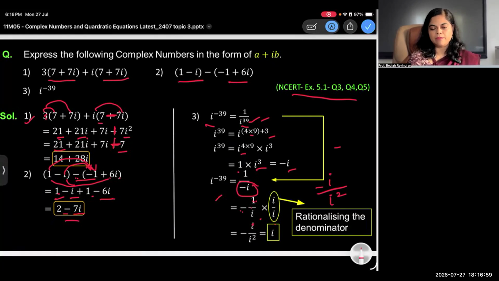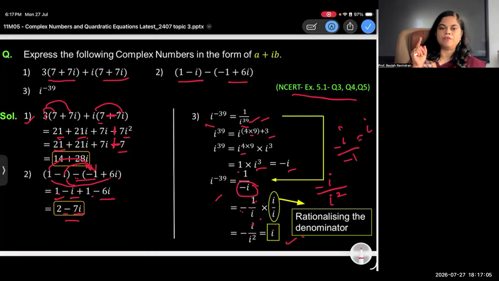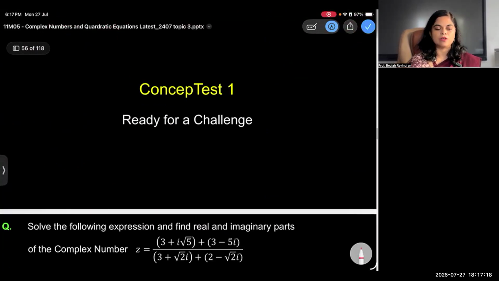So minus i by minus 1, that is equal to plus i. So that is the answer. So suppose while expressing the given thing in your book as a complex number, you find any i in the denominator, definitely you should rationalize with the conjugate.